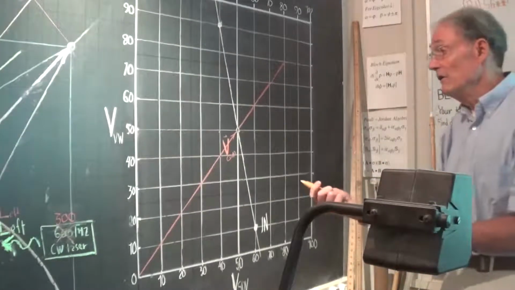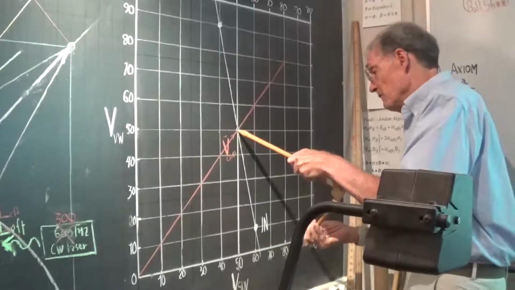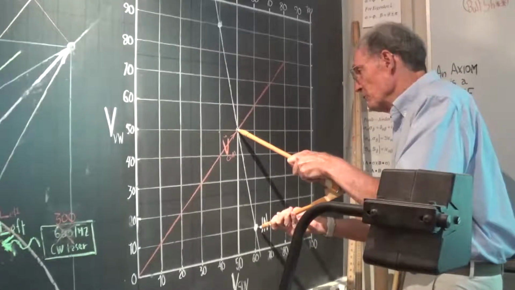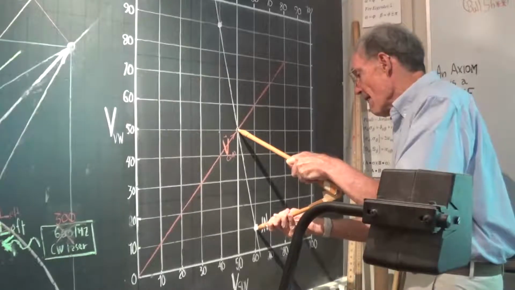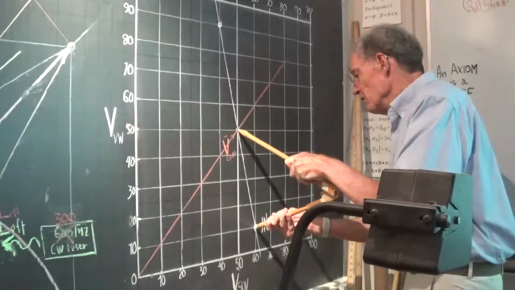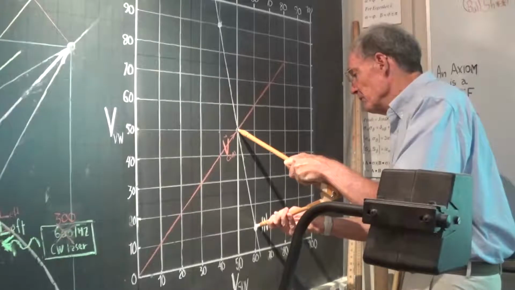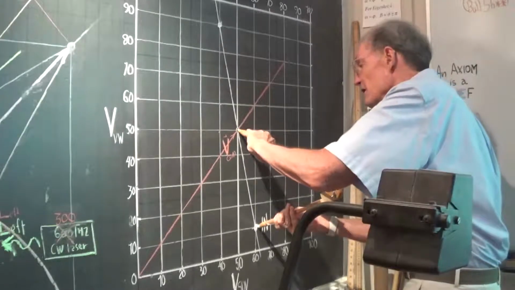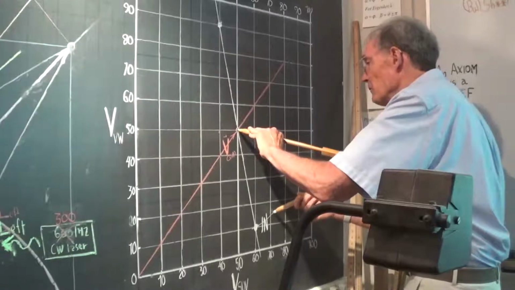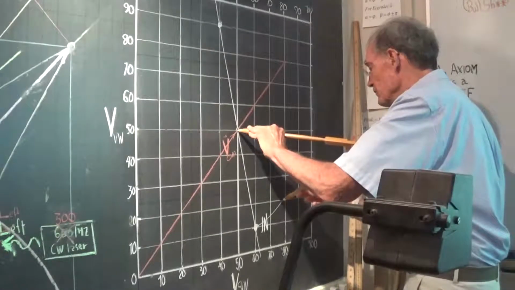And in honor of that, we put the compass point right on there and put the drawing part of the compass, the pencil, right down here. And this is hard on the blackboard, but it should be pretty easy for you to do.